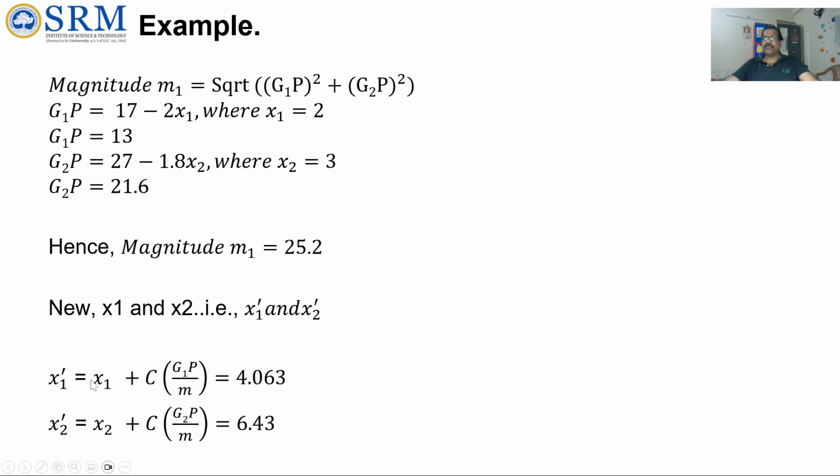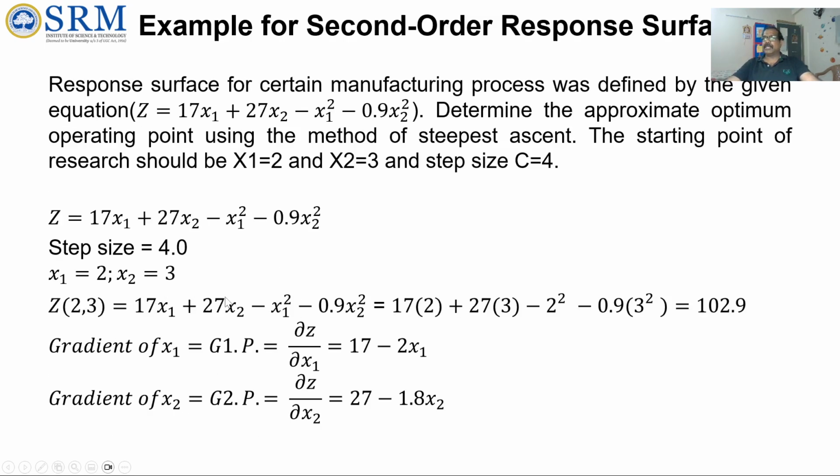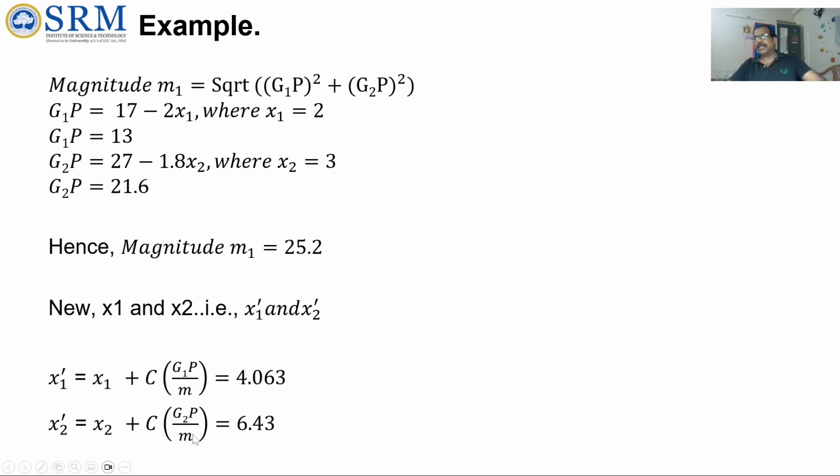This is the equation for calculating the new coordinate. So x1 we know, x2 also we know, step size c also we know, it is given as 4. gp1 we know, we calculated it by differentiating this equation: 70 minus 2x1 and 27 minus 1.8x2.